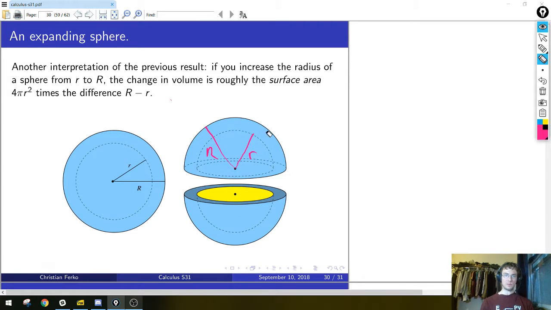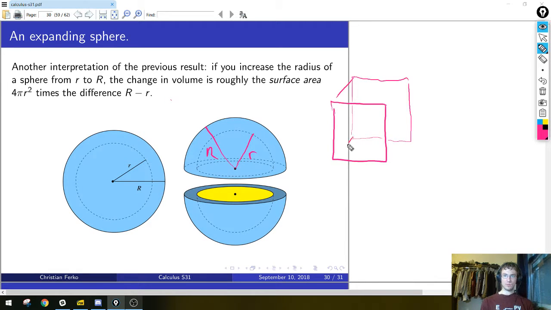What would that be? Well, approximately speaking, if you don't care about the fact that this thing is kind of curvy, you could just think of the region between these two shells as a box with a certain thickness. We're thinking of this approximately as a box because we're ignoring the curvature of the sphere.